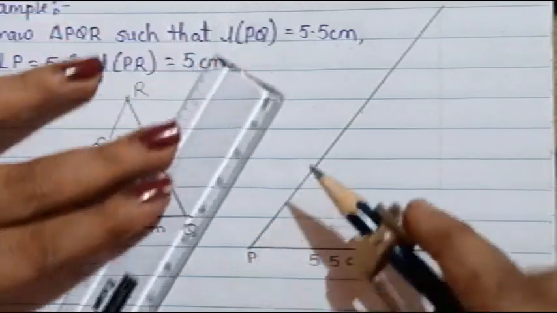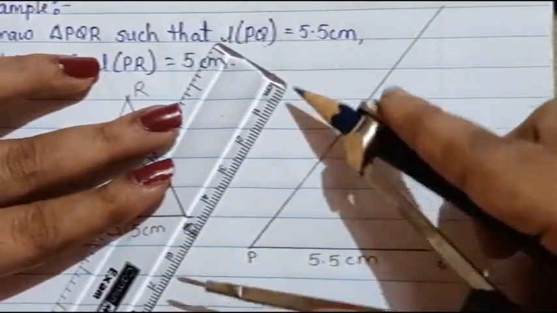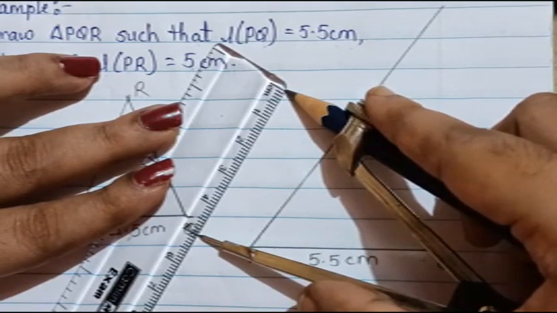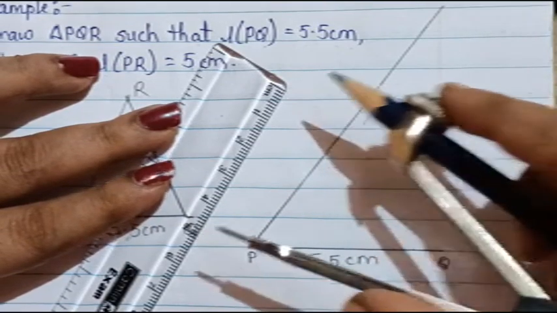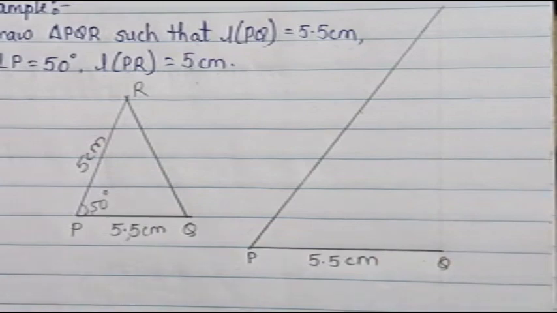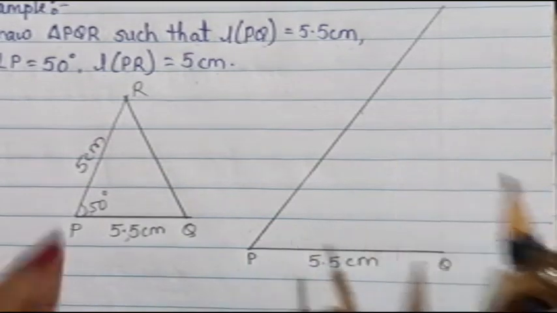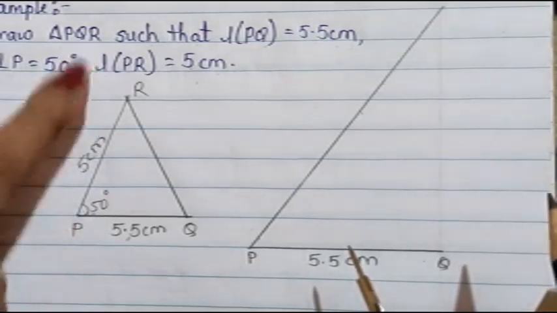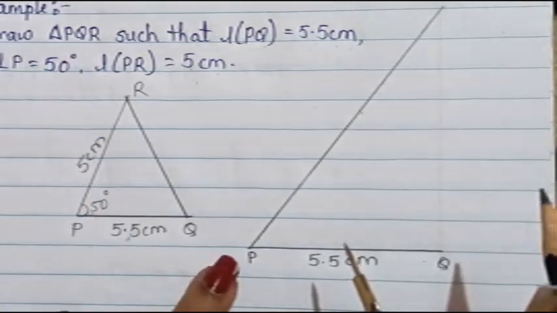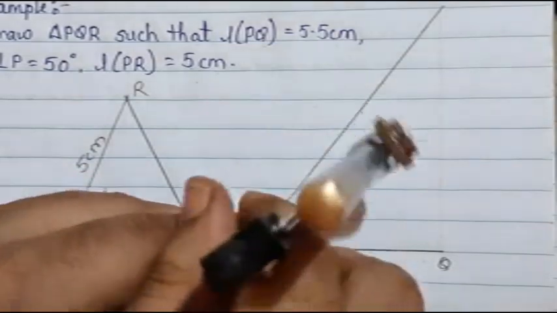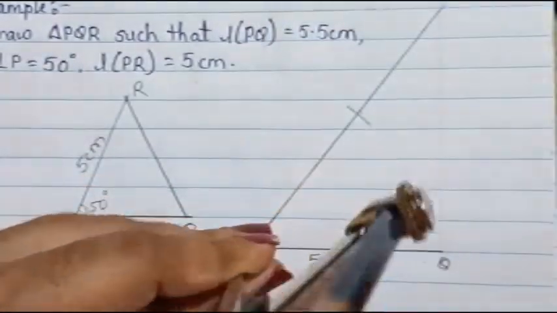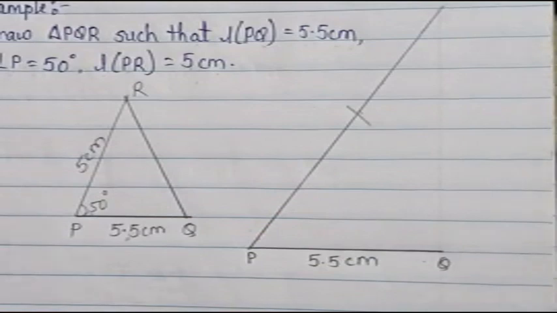First you will take the measure from the starting point till 5. See, you all got exactly 5 centimeters. Now you have to cut from point P, because PR is 5 centimeters, right? So from P I have drawn the arc.